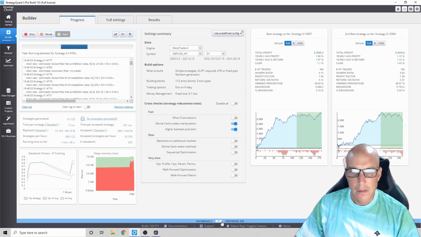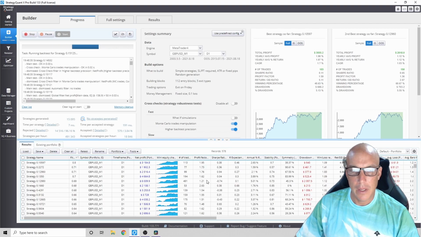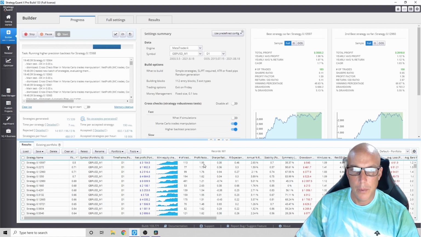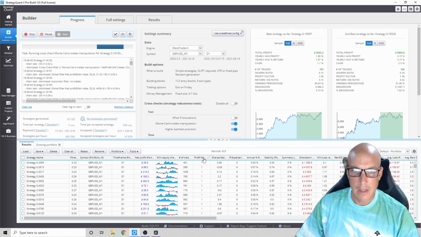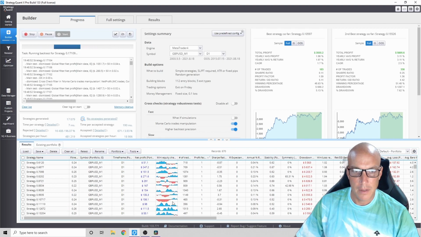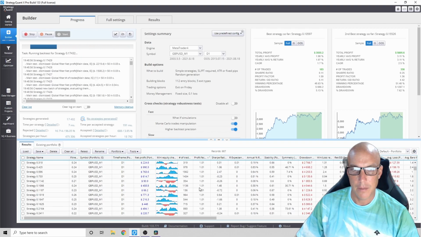Now, some of these strategies, we can see the profit factor here is 1.95, which is a great profit factor. But let's look at some of the bad profit factors. Okay, and so we've got a lot of ones here, and you can see this red, that means there's drawdown, so these are at the very bottom.